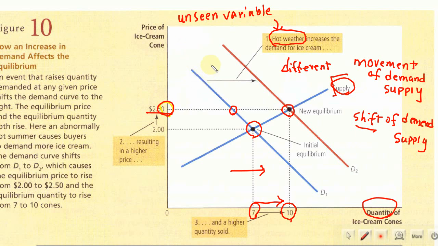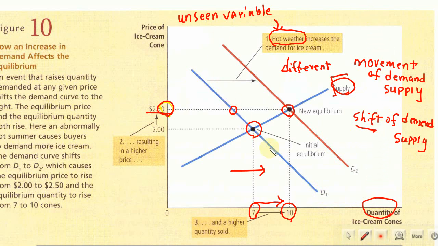Okay, this time, look at the next case, the supply line shift. I give you a very brief implication in the case of a supply shift with a fixed price. Look at this.